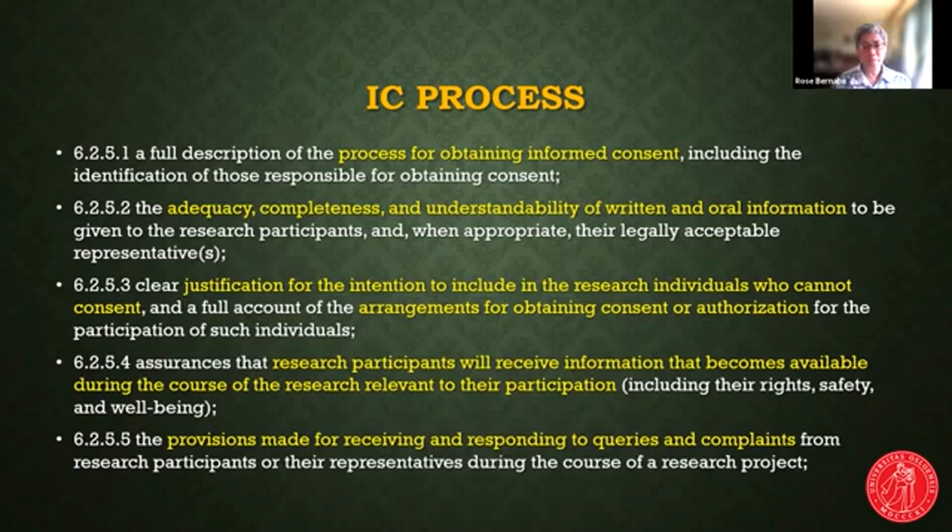Assurances that research participants will receive information that becomes available during the course of the research relevant to their participation. For example, if you're changing the protocol and you have asked for consent on another protocol and not the new one, you need to make sure that you ask again. It may even be required that there's a reconsent process.